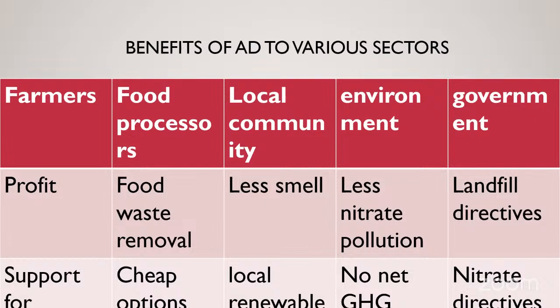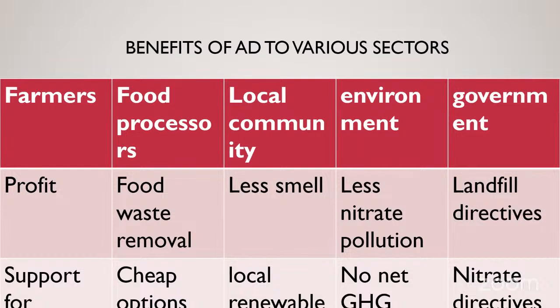is less than 1%. And finally, the government is going to benefit by reducing the number or the size of landfills, because now these wastes are going to be transformed into energy. So again, farmers are going to get support.